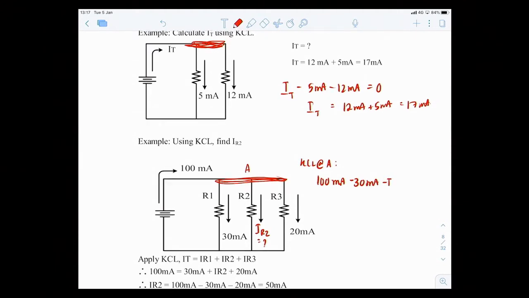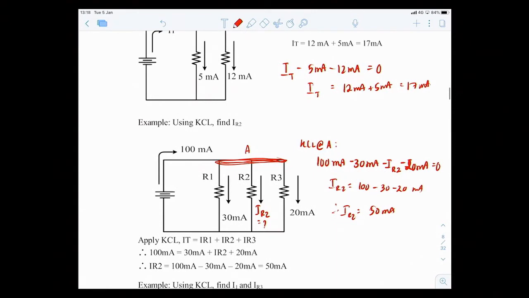Minus IR2 because IR2 is also leaving node A, and minus 20 milliamps, equal to 0. Don't forget the equal 0 sign. Therefore IR2 equals 100 milliamps minus 30 minus 20 milliamps, so IR2 equals 50 milliamps.